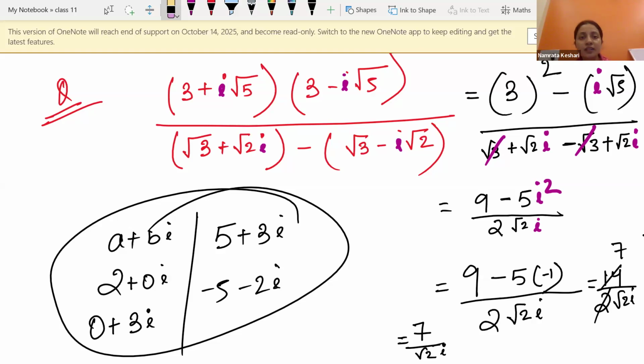We don't want i in the denominator. We want i in the numerator. A and B can be fractions. We can have 1 by 2 minus 2 by 3i. A and B can be fractional terms, that is completely fine. But i should not be there in the denominator the way we are having.